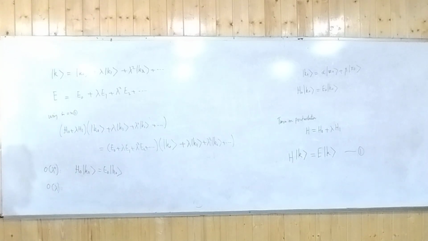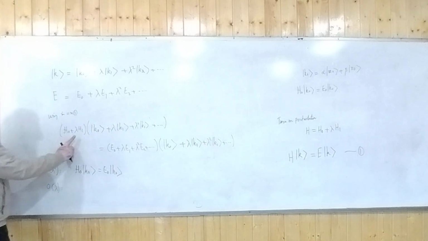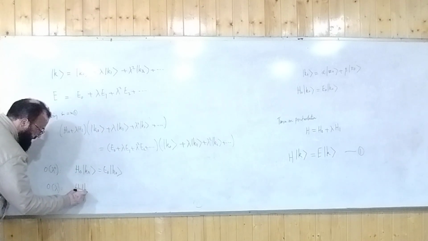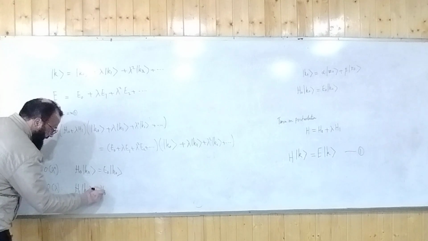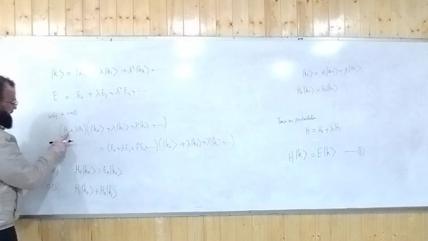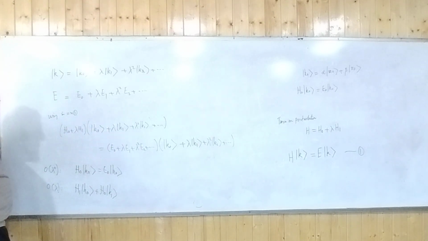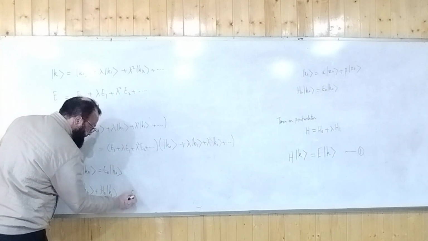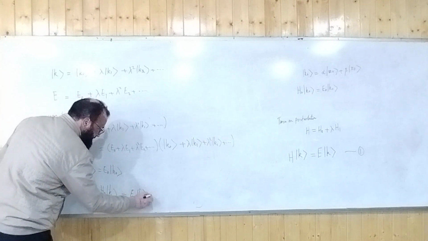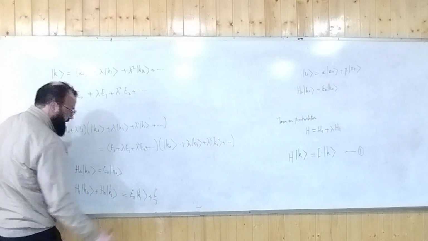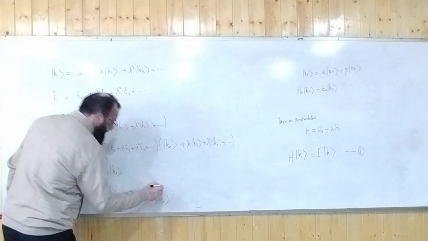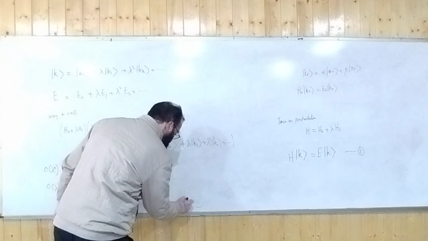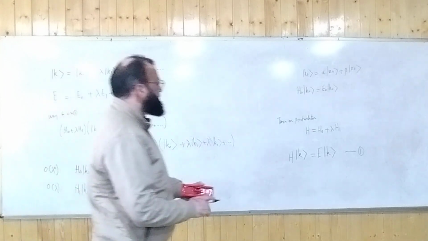What is the order lambda equation? You are having H1 acting on |k0>, then H0 acting on |k1>, which is order lambda, and that is equal to E0|k1> plus E1|k0>. Clear? And so on. So this is the first order. We'll do only up to the first order correction. Let's call this second.